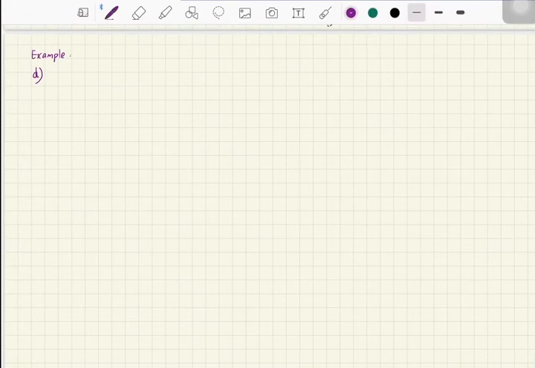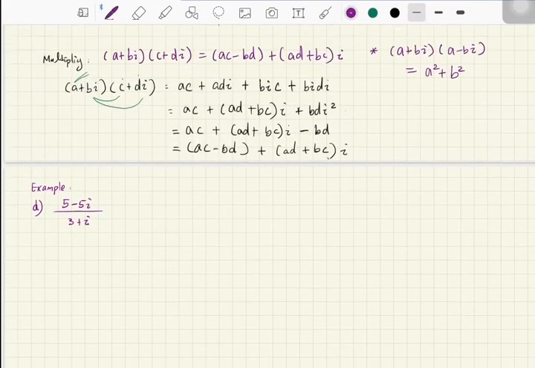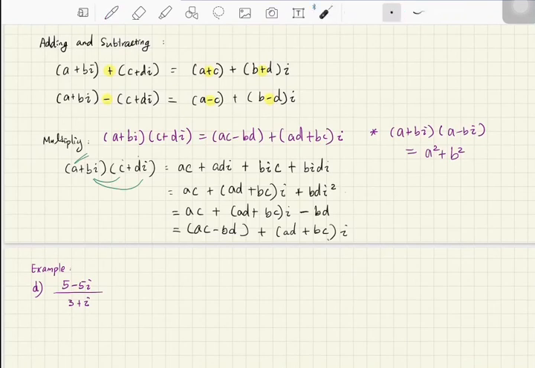Next example, I want to do division problems. For example, 5 minus 5i, that's one complex number, divided by 3 plus i, a second complex number. Similar to rational expressions, we do not have division in complex numbers. All division problems are actually brought down to rationalizing the denominator. As I mentioned before, we have a special formula: a plus bi times a minus bi ends up as a squared plus b squared.